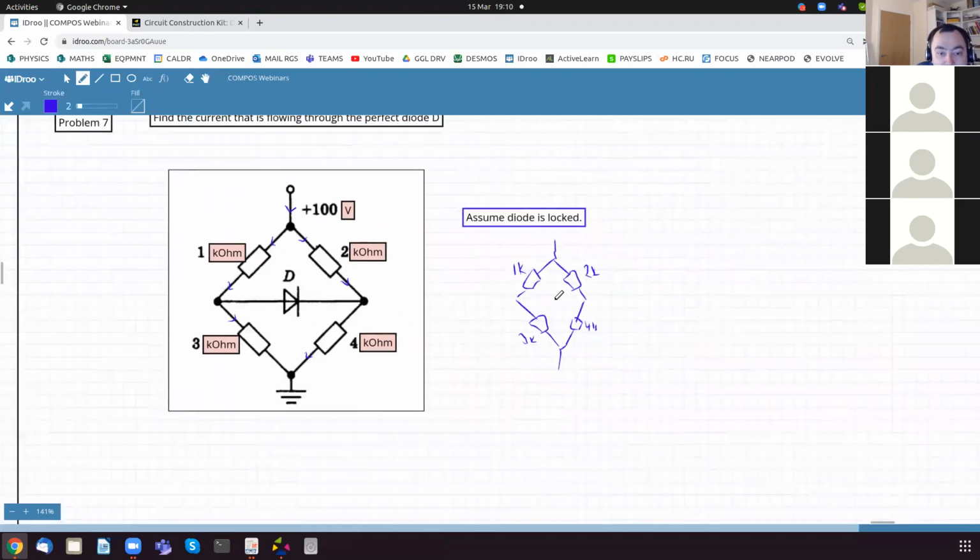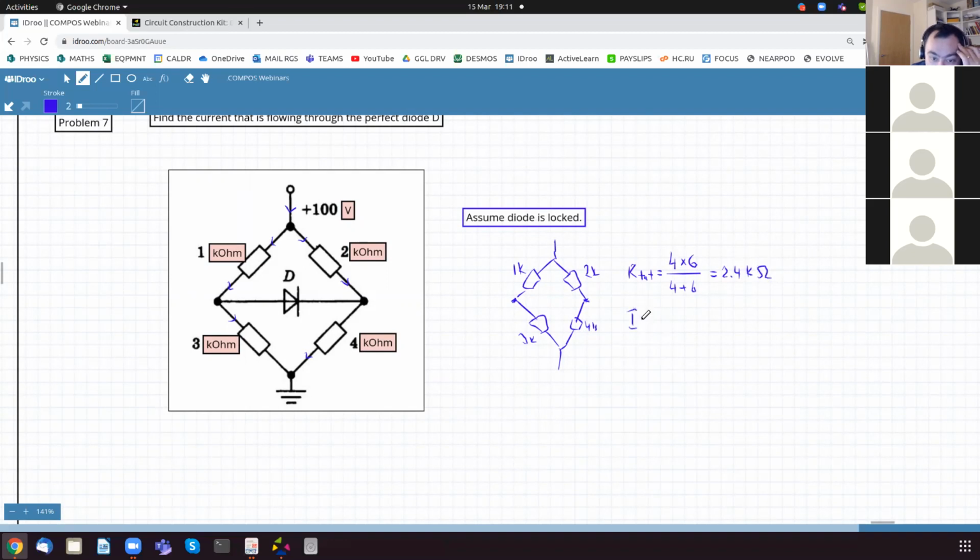And what we need to do is find the potential difference between these 2 points. We know that this is 4, this is 6, so 4 times 6 divided by 4 plus 6, oh, that's easy, 2.4 kilo ohms, that's the total resistance.